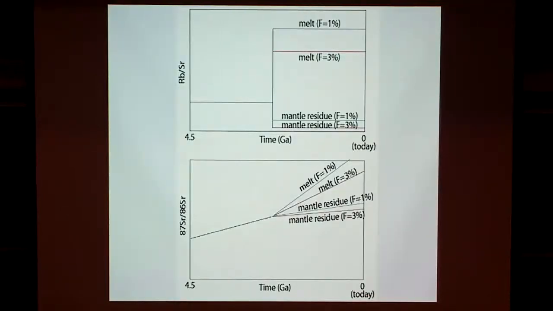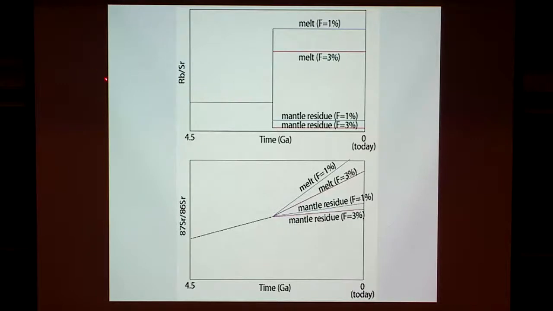Okay, so how does this turn into strontium isotope evolution with time? How does fractionation of rubidium from strontium change the strontium isotope ratio of the different reservoirs in the mantle with time? So, okay, 2.5 billion years or so ago, you melt the mantle, you generate a melt that has high rubidium-strontium and a residue with low rubidium-strontium. What then happens to the strontium isotope ratio? Well, the strontium isotope ratio is increasing over time in this reservoir.